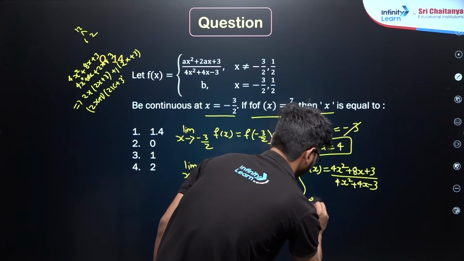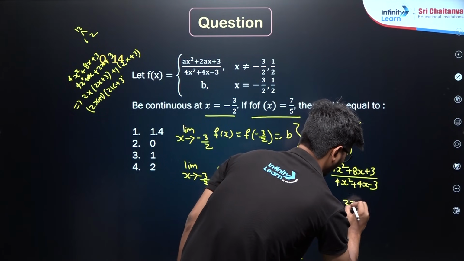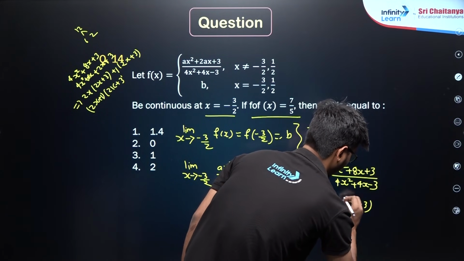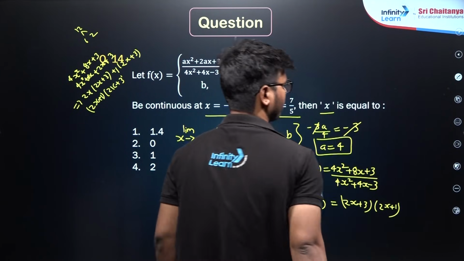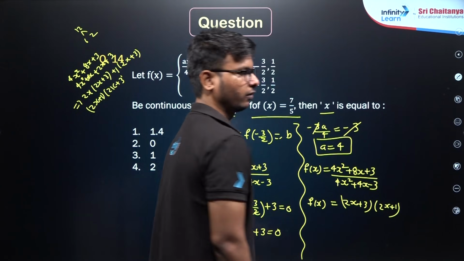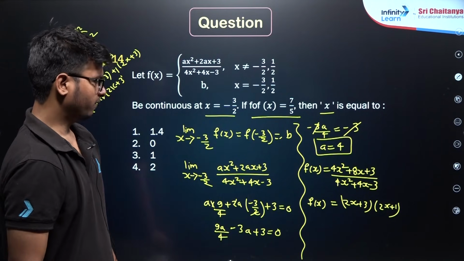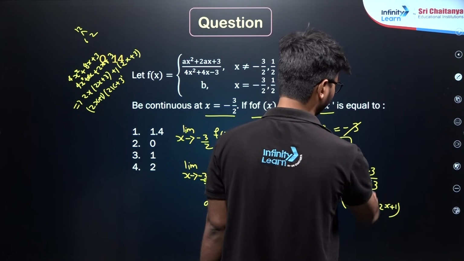So I can write 4x square plus 8x plus 3 is equal to 2x plus 3 and 2x plus 1, correct? Okay. So now if you observe, in the denominator we have 4x square plus 4x minus 3.